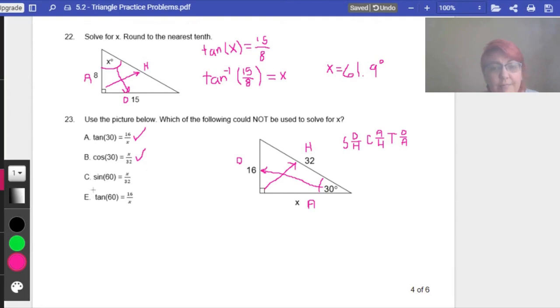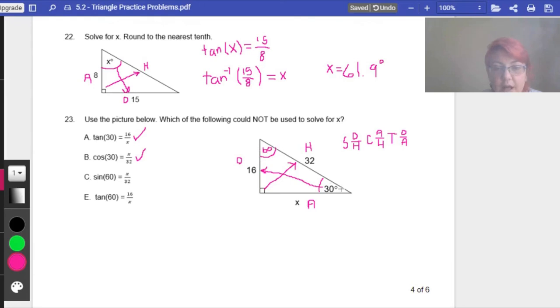Where does that come from? Well, it comes from here. Because all the angles have to add up to 180. And so 180 minus 90 minus 30 is 60.